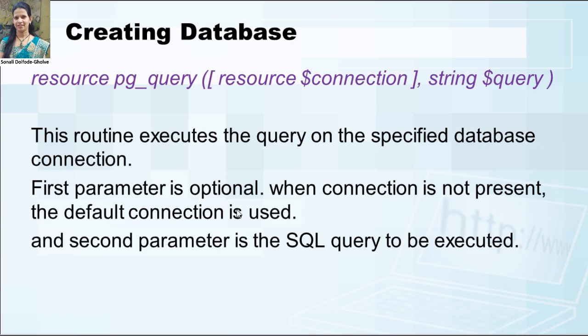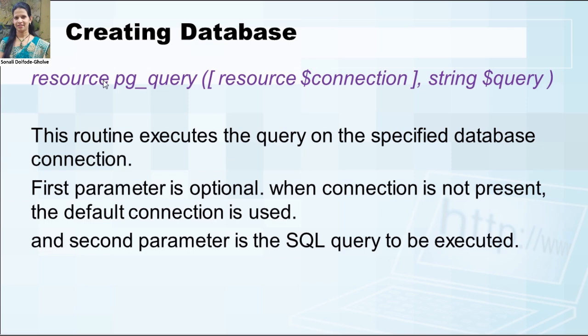Next, after opening and closing a database, we will see creating a database. How to create a database? Which function is used for this? The pg_query function we will use here, to execute a query on the specified database connection.